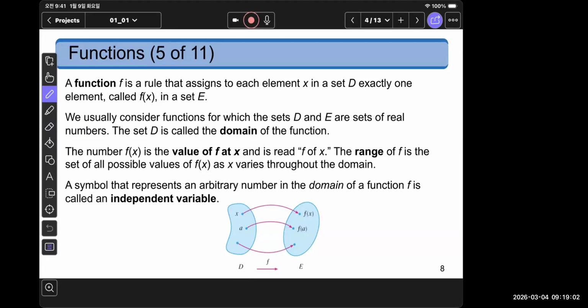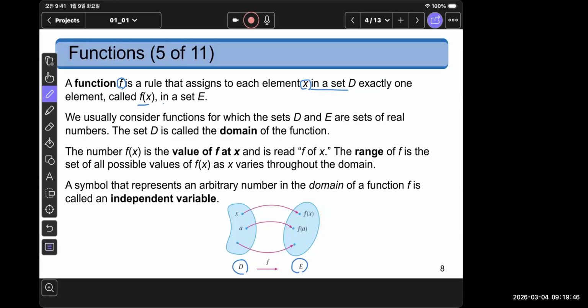It is a rule that assigns, when we consider a function, we are given two sets, say set D and set E. Given two sets, function f is a rule that assigns to each element x in one set, say D, exactly one element in a set E. And this corresponding element in E will be denoted by f of x if the function is named f.